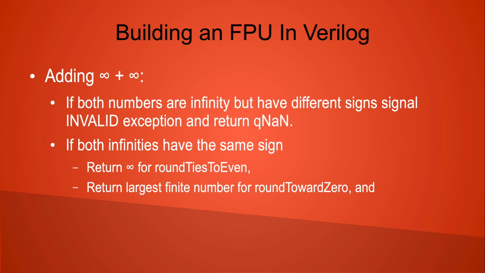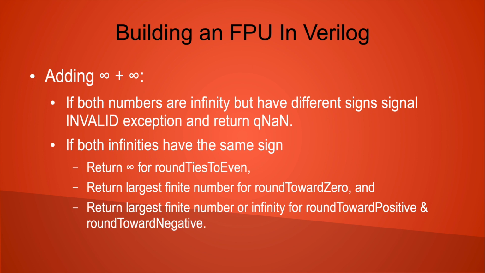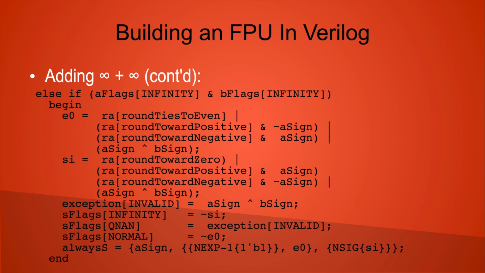For round towards 0, we return plus or minus the largest finite number. For round toward positive, we return either positive infinity or the most negative finite number. For round toward negative, we return either the most positive finite number or negative infinity. The following implements the logic for all of the various cases of adding two infinities.